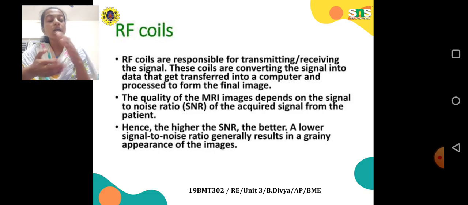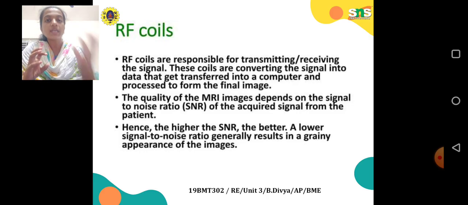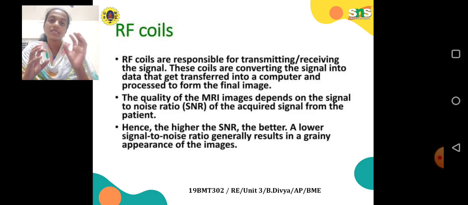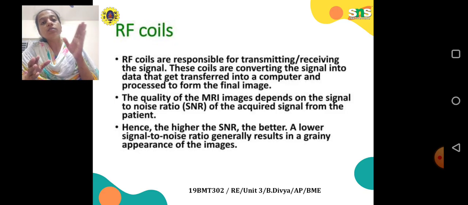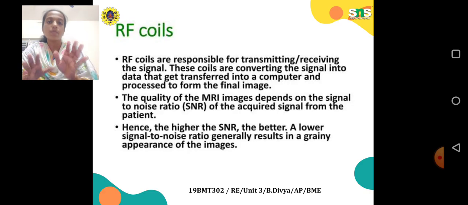These coils convert the signals into data, which is transferred to a computer and processed to form the final image. That signal will be converted to data, and that data will be processed and seen on the computer in the form of a final image.